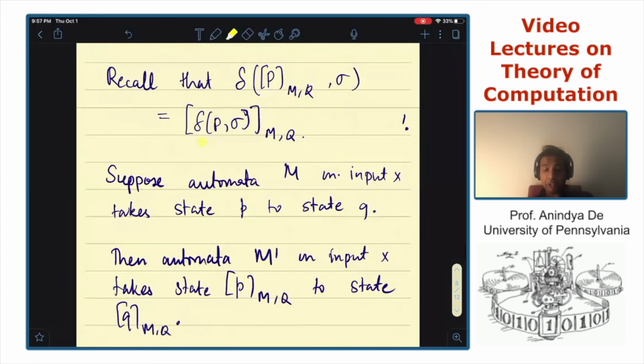This is our definition of the transition function. Now suppose automaton M on input x takes a state p to state q.